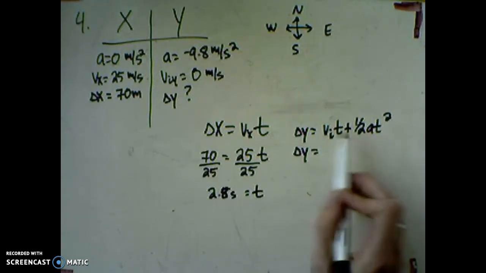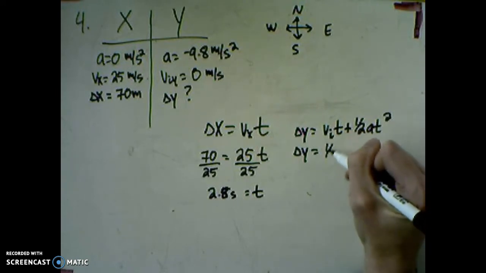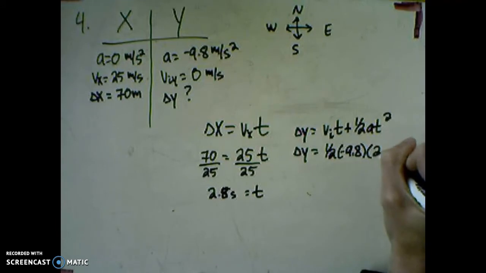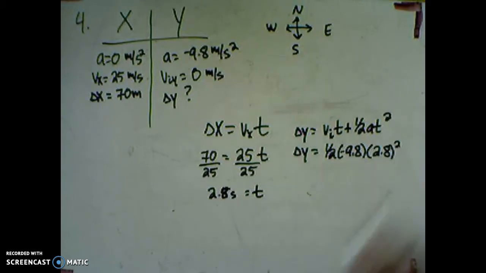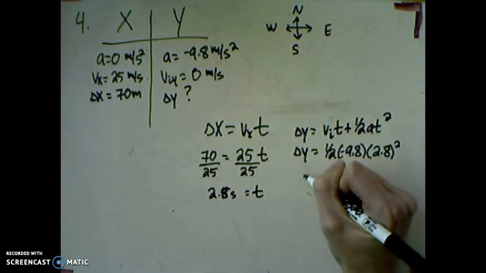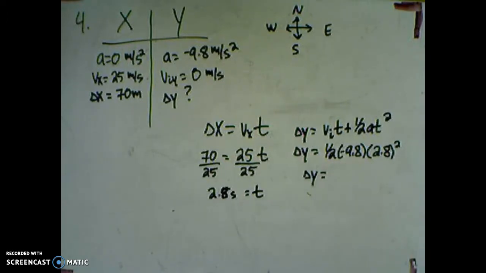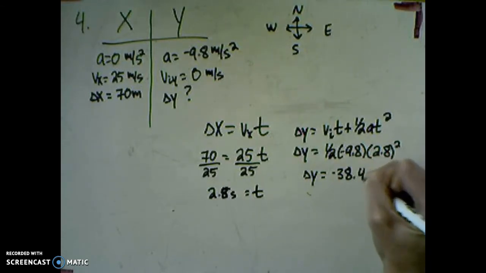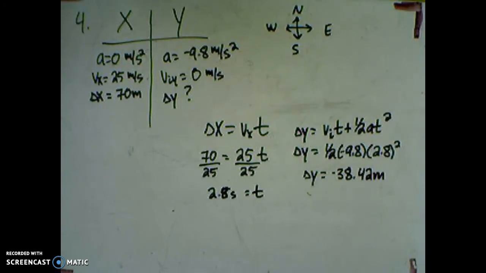But that term is not going to matter. So then 1/2 times negative 9.8 times my newly found time of 2.8 seconds. That 2.8, remember, needs to be squared. That gives me a delta Y of, using my calculator with some rounding, negative 38.42 meters.